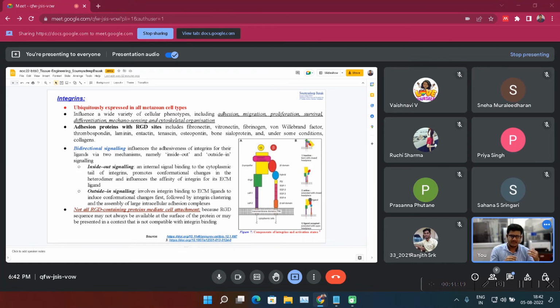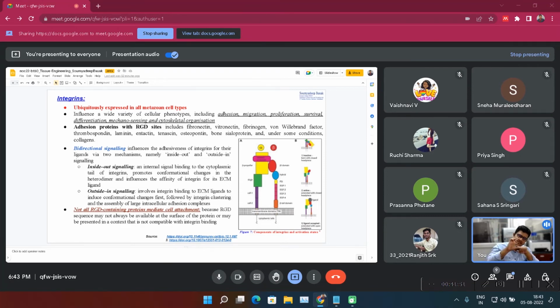We call it a bidirectional signal, so it can be inside-out signaling or outside-in signaling. Inside-out signaling says that an internal signal element binds to the cytoplasmic site. The integrin has an outside-the-cell region, a transmembrane region, and an inside-the-cell region.